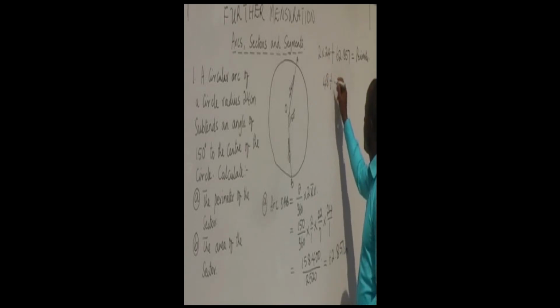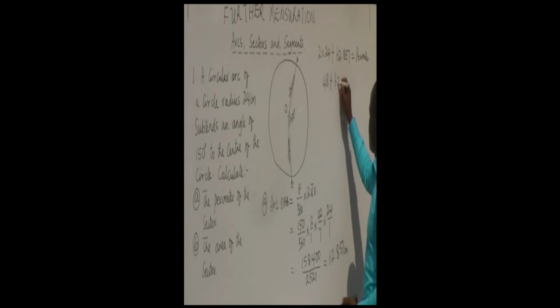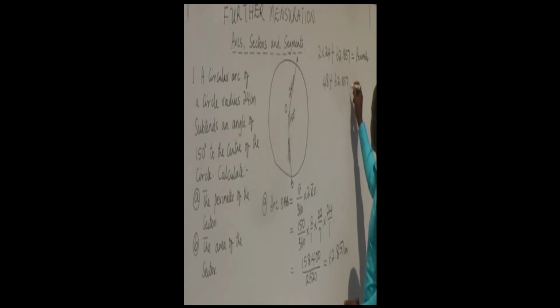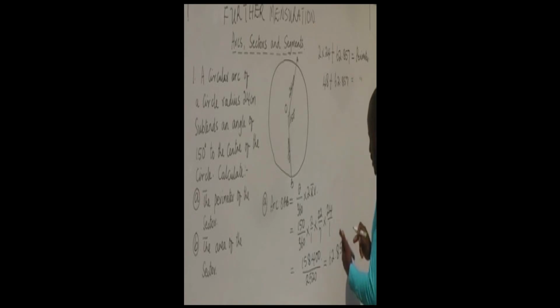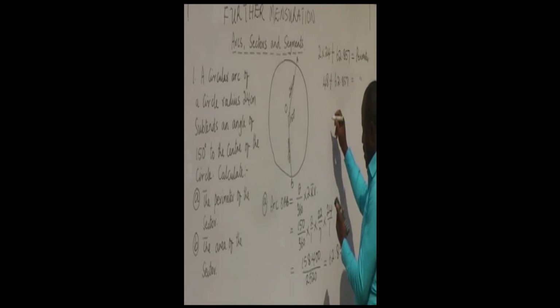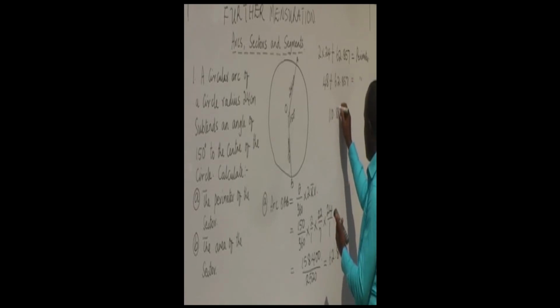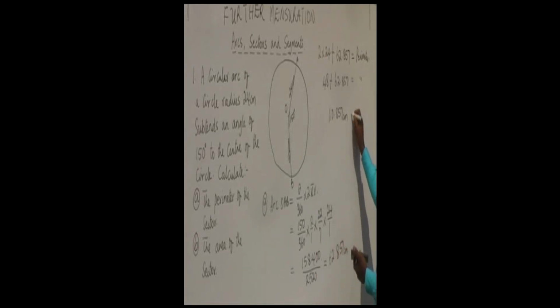So we have 48 plus 62.857 giving us the perimeter. Let's add 48 plus 62.857, which is giving me 110.857 centimeters, and that is the length of the perimeter, which question A has asked for.